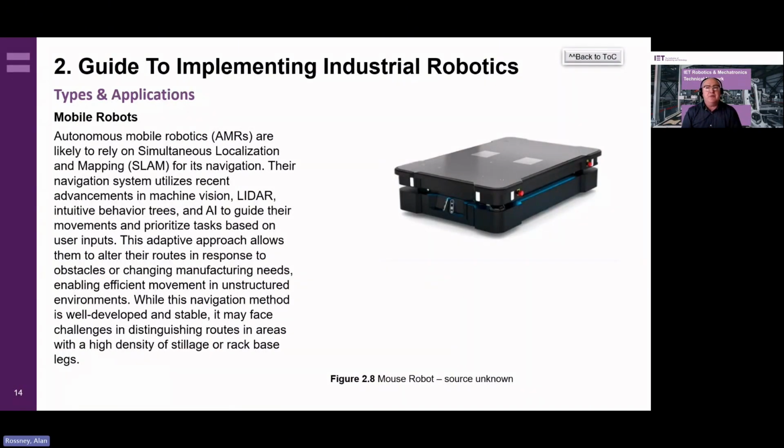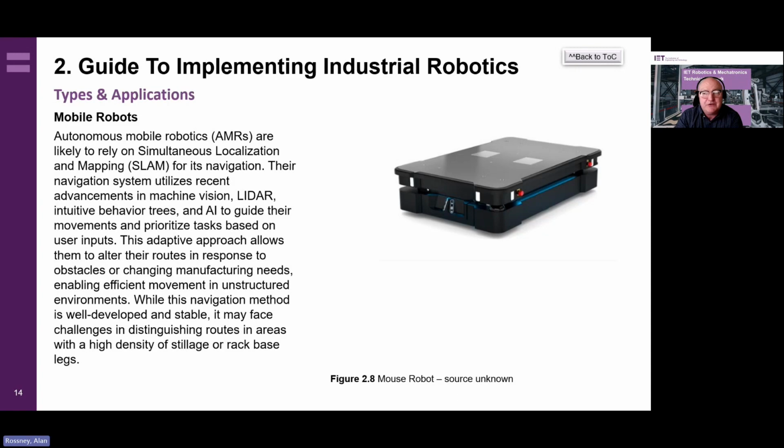So autonomous mobile robots, AMRs, are likely to rely on simultaneous localization and mapping, so SLAM, for their navigation. Their navigation system utilizes recent advancements in machine vision with light detection and ranging, intuitive behavior trees, and AI to guide their movements and prioritize tasks based on user inputs.